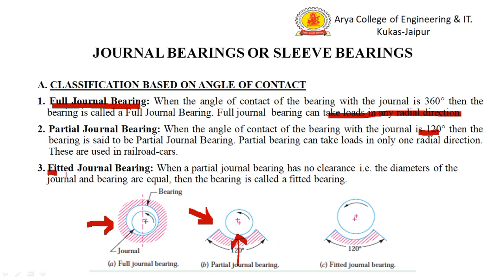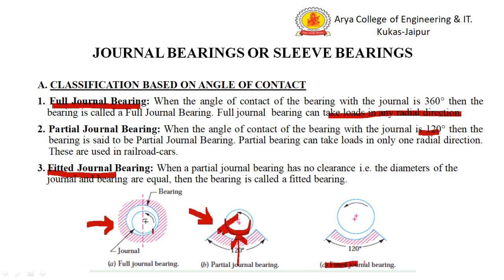The third is the fitted journal bearing. Basically, in the full journal bearing and partial journal bearing, the journal is the moving element and the bearing is the fixed element. So, in full and partial journal bearings, the diameter of the journal and the bearing is different, so there is some clearance between the diameter of the journal and the diameter of the bearing.